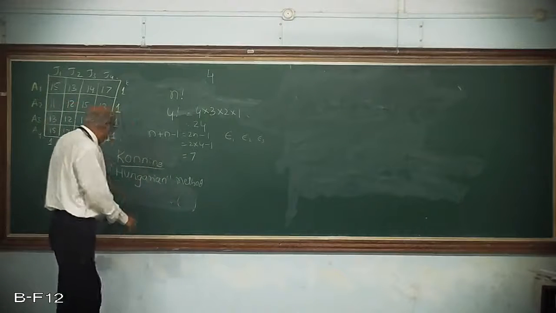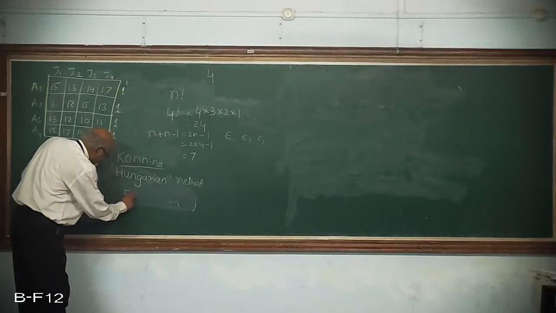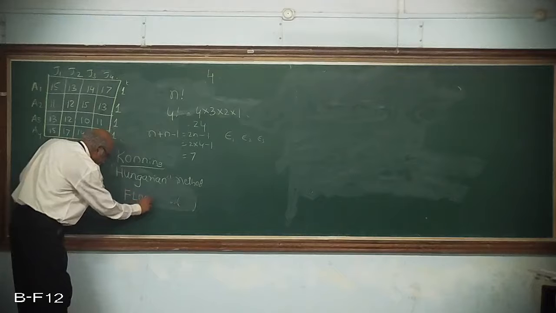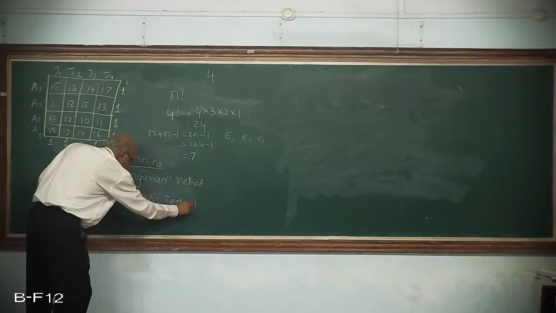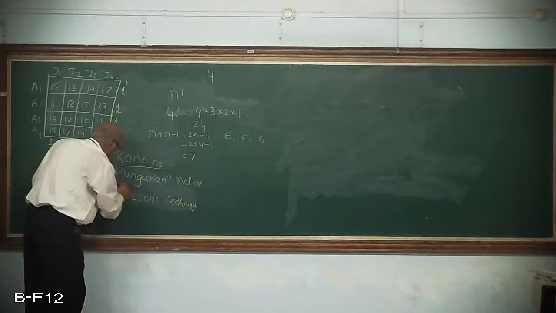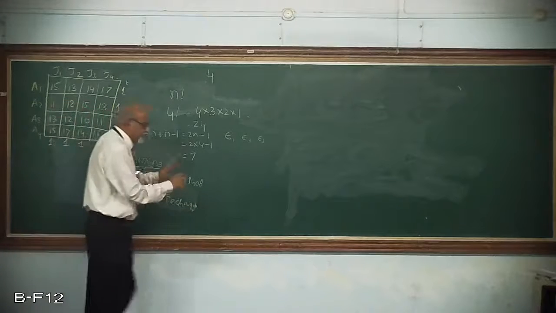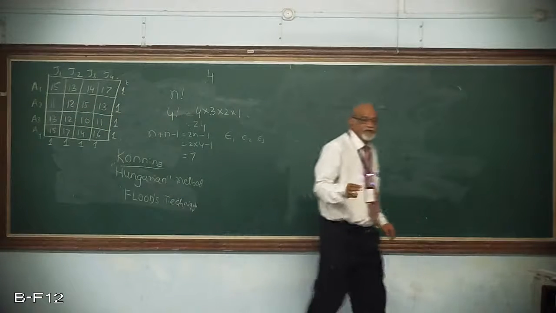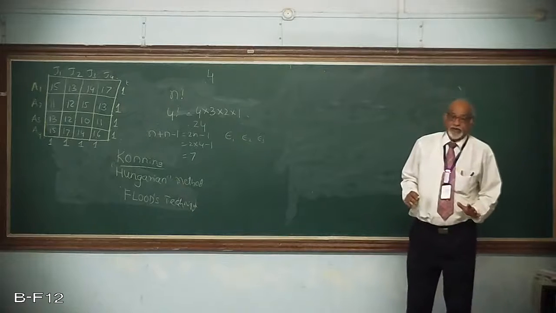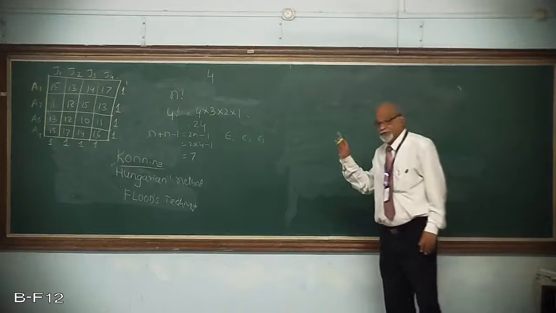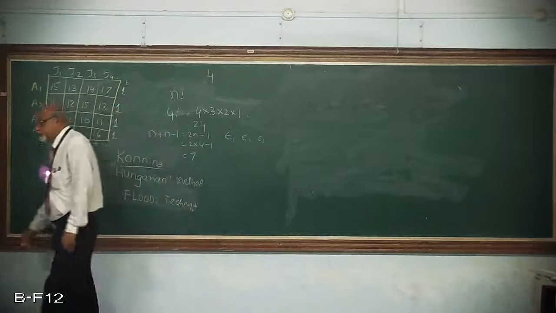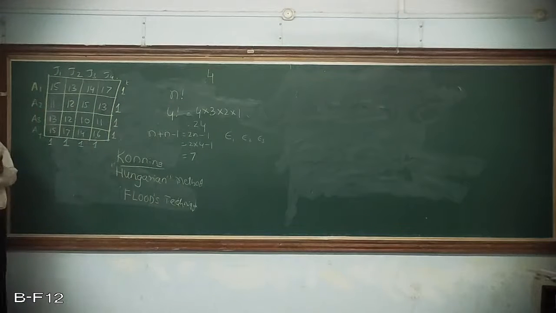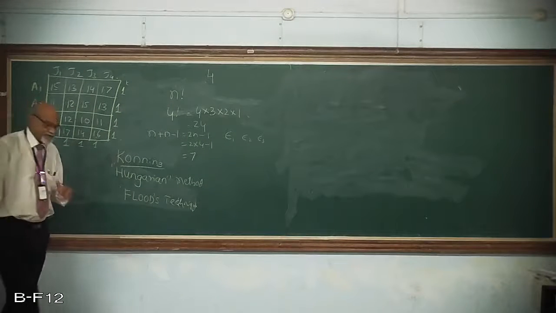It is also called Flood's technique. So Koning's technique, Hungarian method and Flood's technique all mean the same. Don't bother much about it. This method is based on two theorems, two premises.